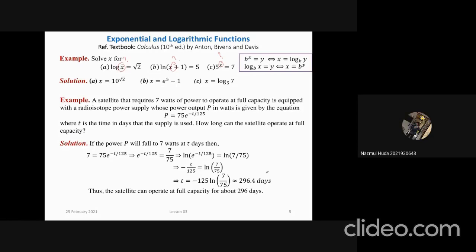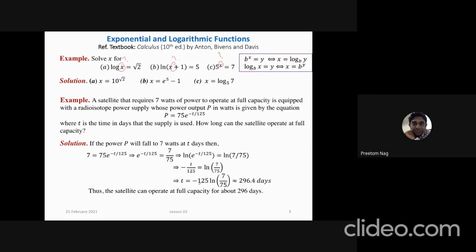Yes, sir. Now take the logarithm on both sides. Which logarithm? Natural logarithm, because here the exponential function is the natural exponential function. Taking the natural logarithm on both sides, you will easily get the value of t. The value of ln(7 by 75) you get using a calculator, and if you multiply it by minus 125, it will be around 296.4 days.